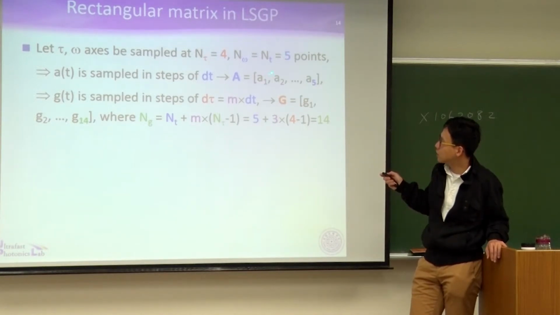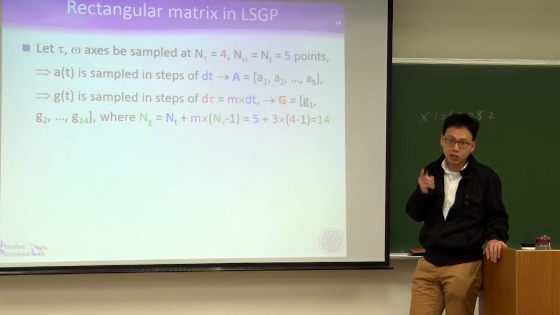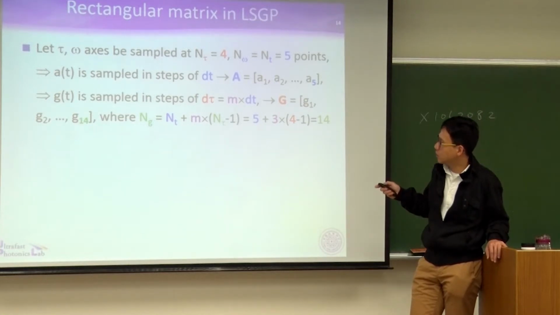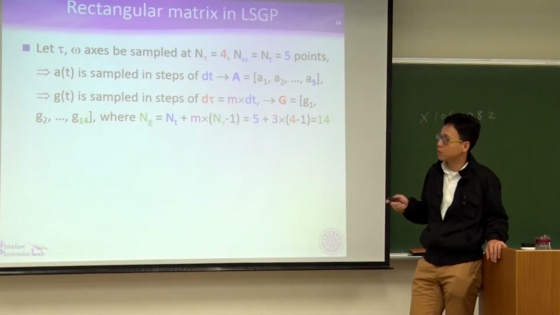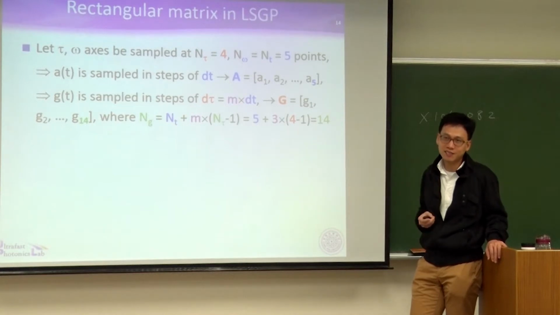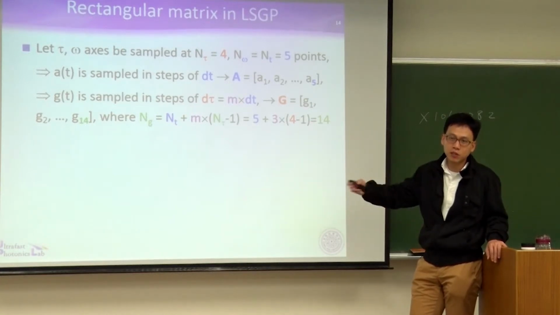Number of samplings along the omega or t axis is here. M is an integer. In this specific example, we choose m equals 3. And the meaning is d tau equals 3 times dt. Okay, so now d tau can be different from dt. Can be 3 times bigger than dt.